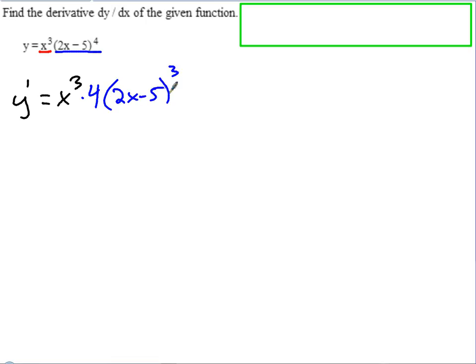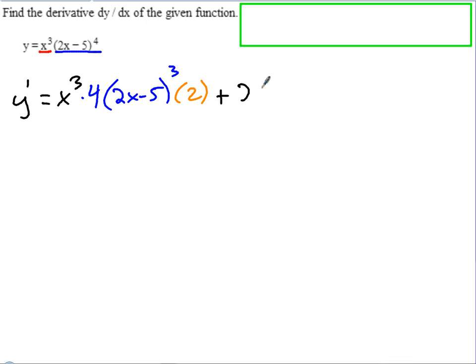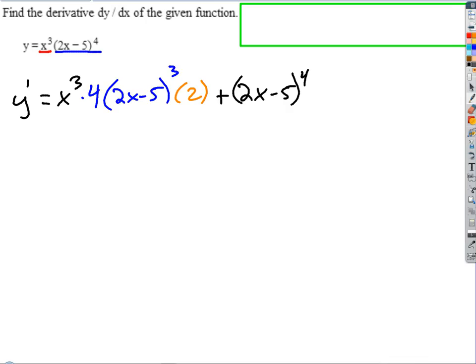And then what's the derivative of 2x minus 5? 2. Okay. Plus 2x minus 5 to the fourth times the red derivative. What's the derivative of x cubed? 3x squared. All right.